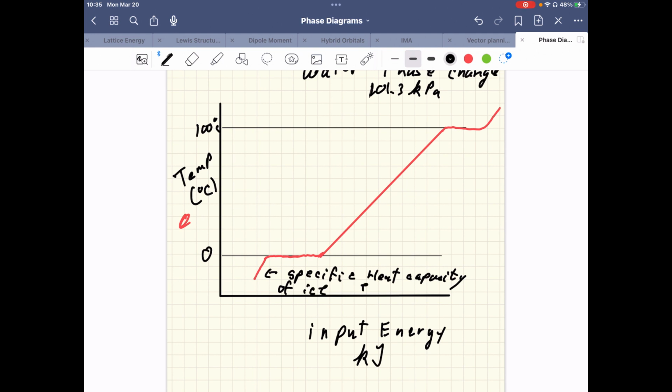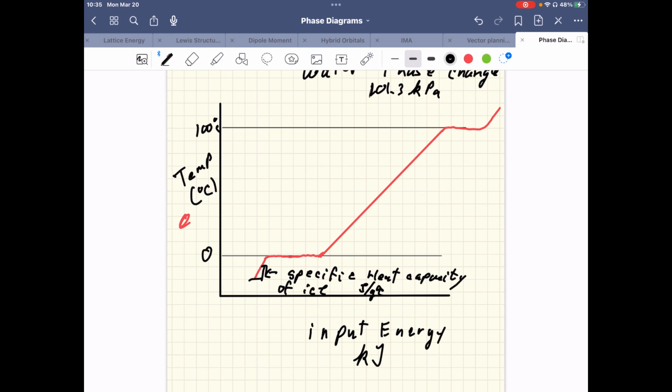And that's joules per gram per degree Celsius. How many joules do I have to put in to get an increase in temperature? The amount of change in temperature over the amount of energy put in.